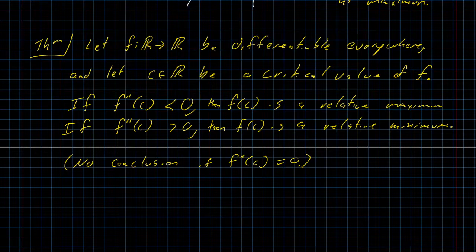If f double prime of c is less than 0, then f of c is a relative maximum. And if f double prime of c is greater than 0, then f of c is a relative minimum.